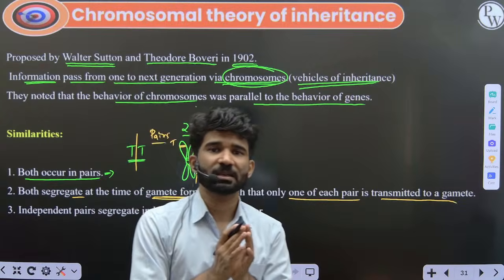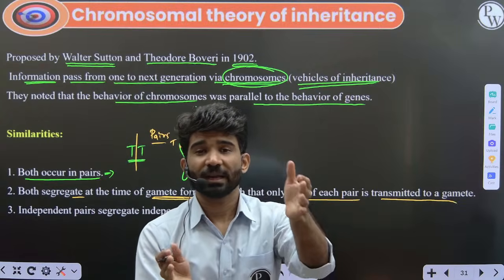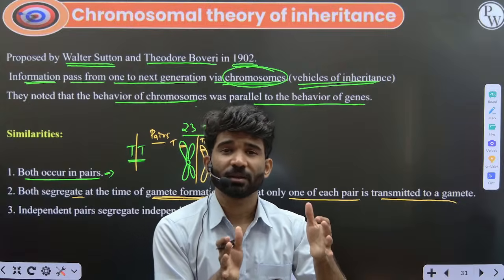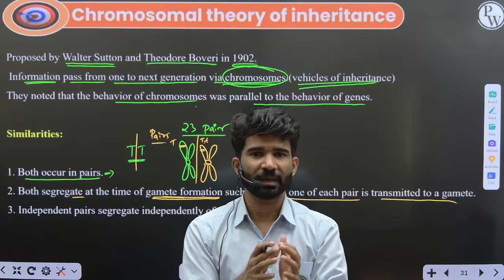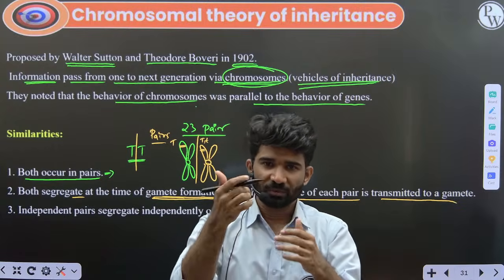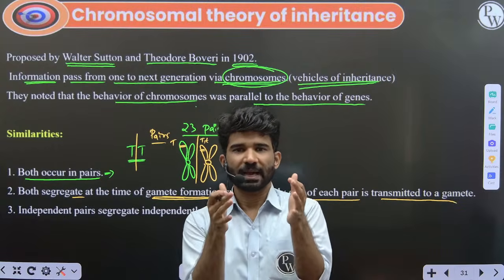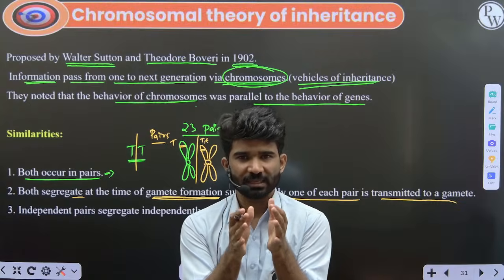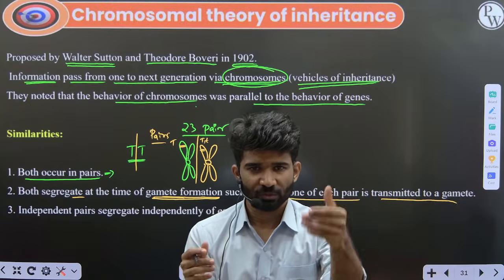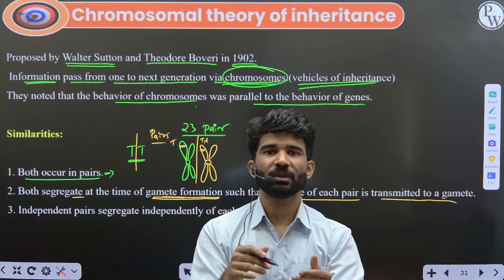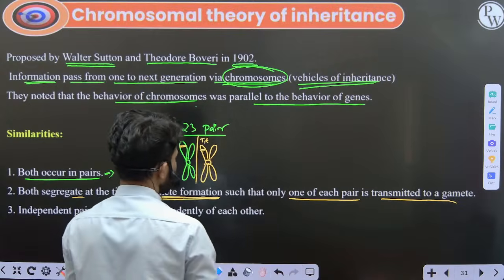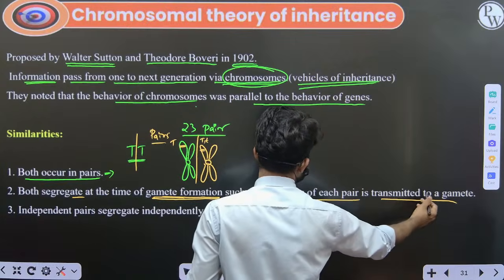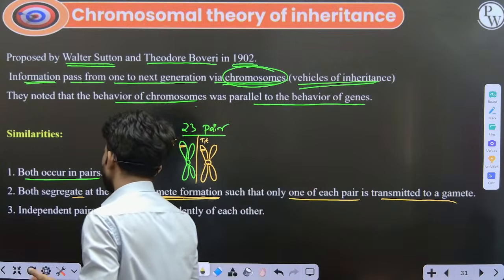Because again they have to combine in fusion. When fusion takes place, the gametes combine and again occur in pairs. The haploid set consists of 23 chromosomes, and when fusion takes place, they again become 23 pairs.